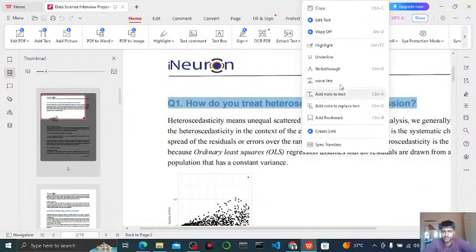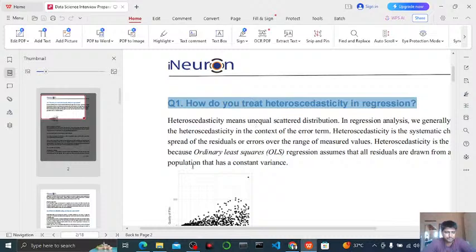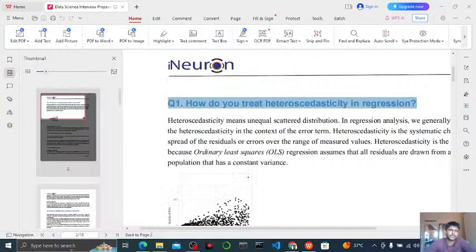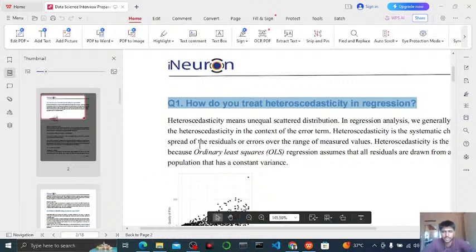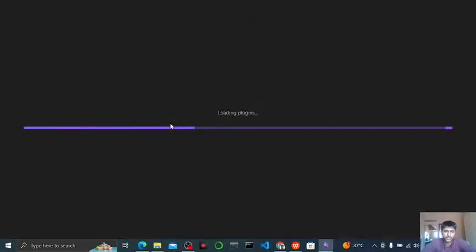How do you treat heteroscedasticity in regression? Heteroscedasticity means unequal scatter distribution. Let's take the Obsidian canvas and try to understand what this is all about.